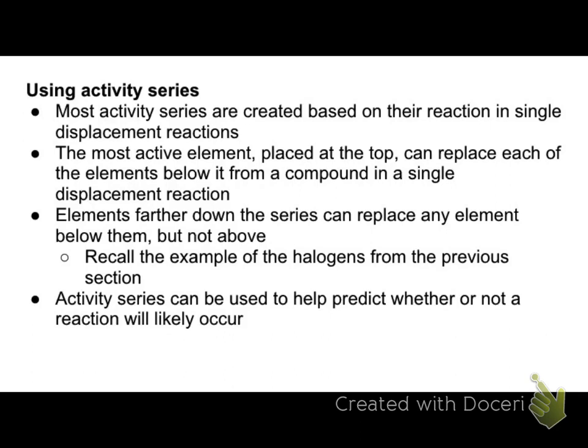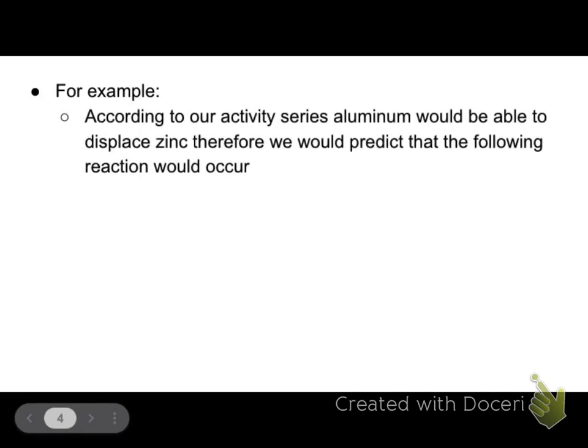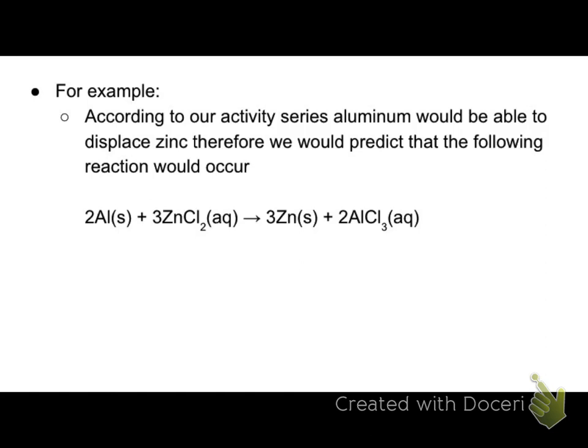Let's look at an example of this. According to our activity series, aluminum would be able to displace zinc, because if you look at that list, you'll see aluminum is above zinc. So we would predict that this reaction, 2 aluminum plus 3 zinc chloride, would yield 3 zinc plus 2 aluminum chloride.